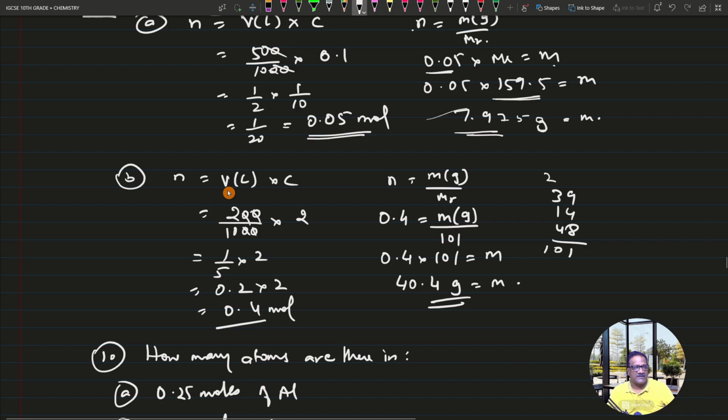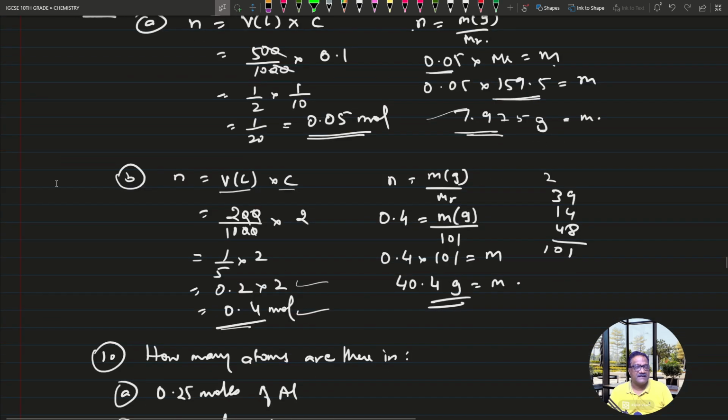Volume will be 200 upon 1000 because it is 200 centimeter cube, and concentration is given as 2. So you'll have to take 200 upon 1000 into 2. That works out to 1 by 5 into 2, that is 0.2 into 2, which works out to 0.4 mole. So this is the n value for this KNO3. Okay.